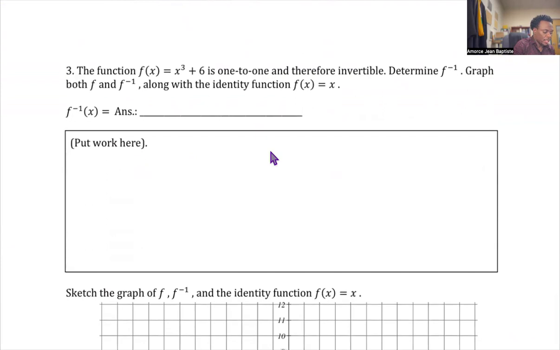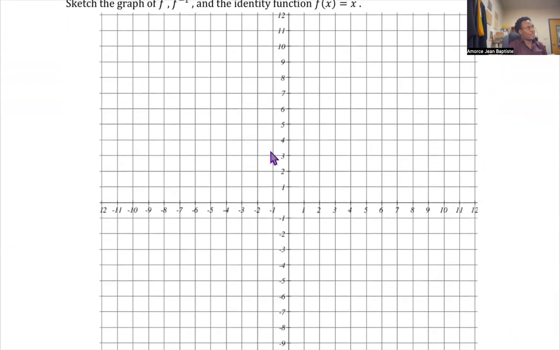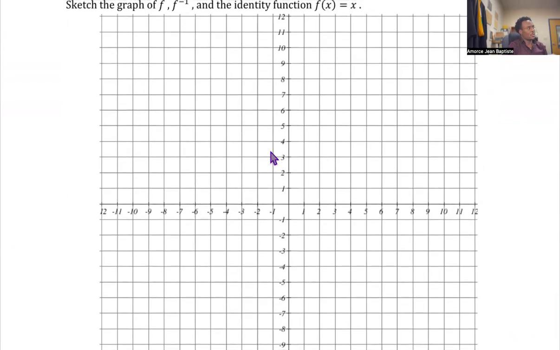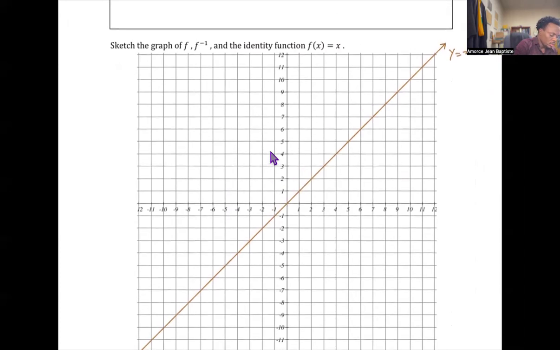On our next example, it's the same process. We want to sketch a graph and then find out what the inverse is. Since I know I'm going to need it, I'm going to go ahead and sketch the line y equals x. And then I'm going to sketch the graph of f of x.